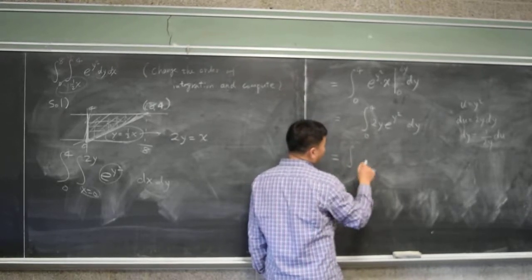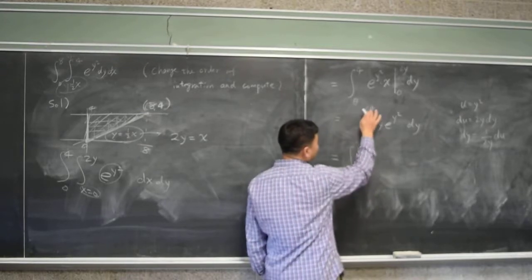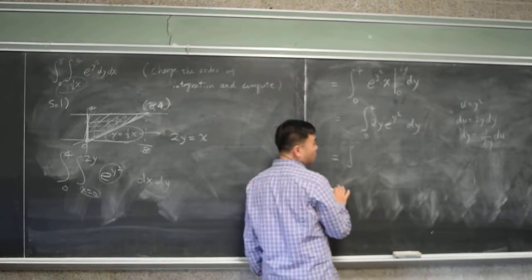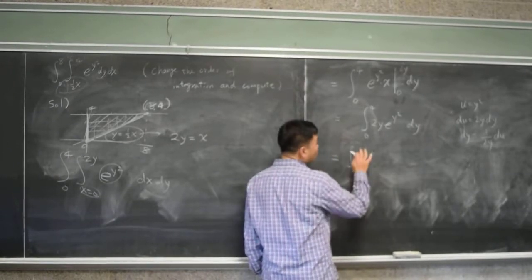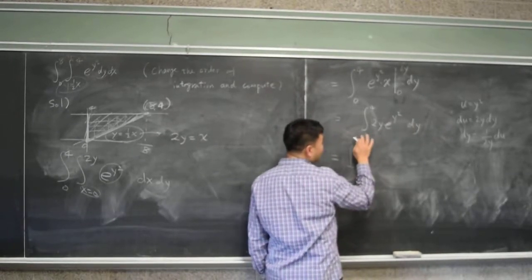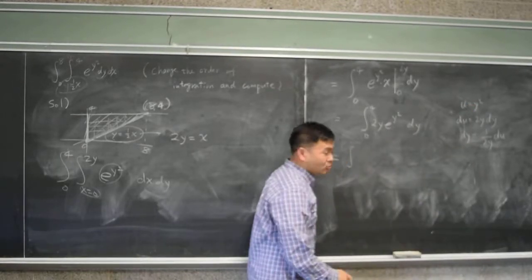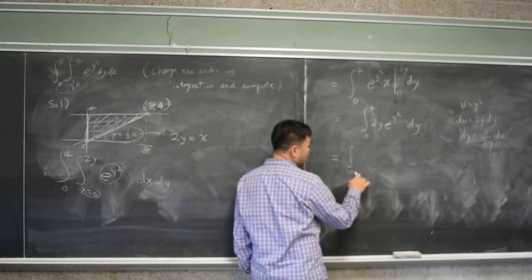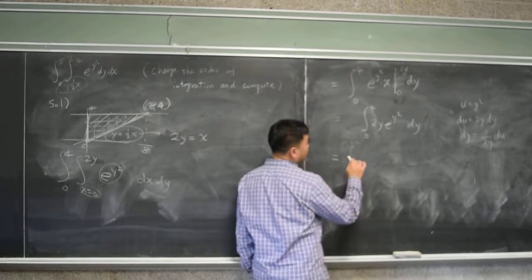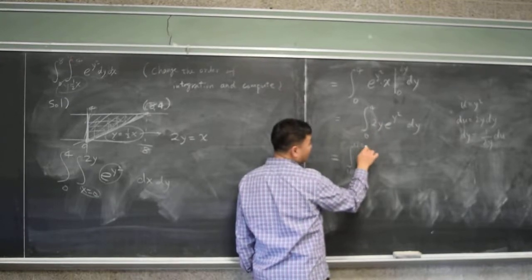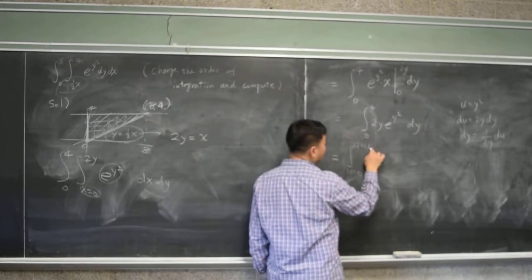And by the way, some people don't change these values at all, but I suggest that you do. Okay, so when y is 0, what's the value of u? u is 0. Okay. When y is 4, what's the value of u? 16.